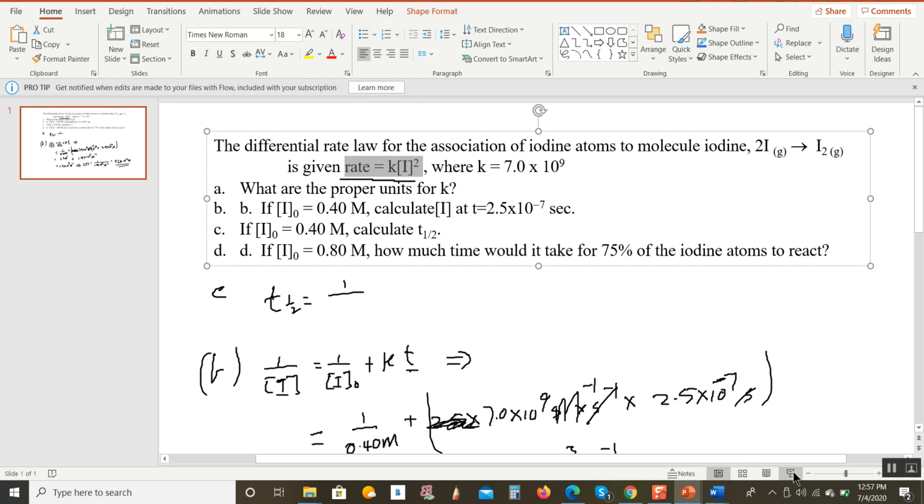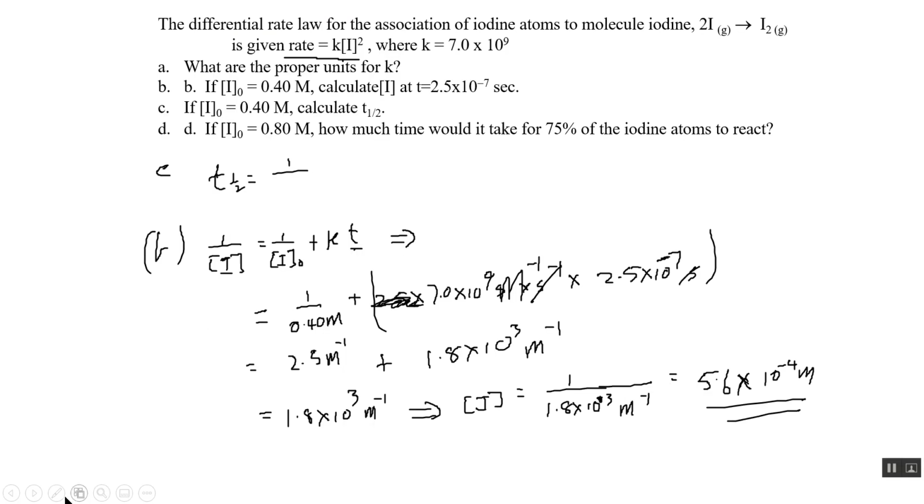So this would be 1 over the rate constant times the initial concentration of A. Well, the initial concentration of A is given here as 0.40. So all we have to do is put the numbers in.